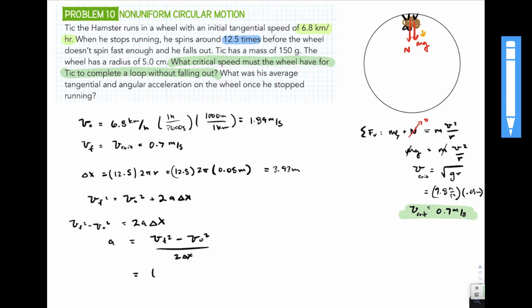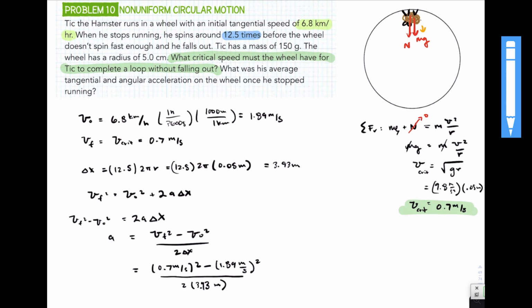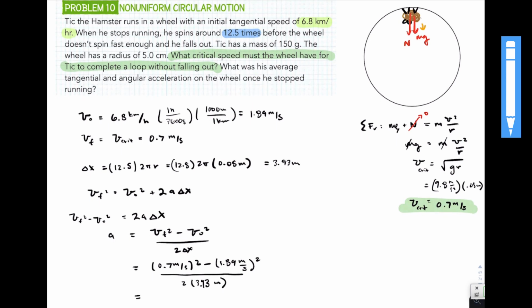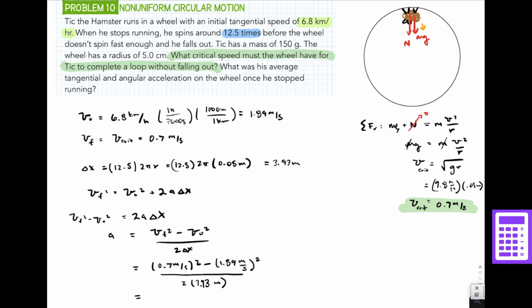That's going to be 0.7 meters per second quantity squared minus 1.89 meters per second squared divided by 2 times 3.93 meters. So plugging all that in, we're going to get an acceleration of negative, very small acceleration, 0.392 meters per second squared. So that's our acceleration.